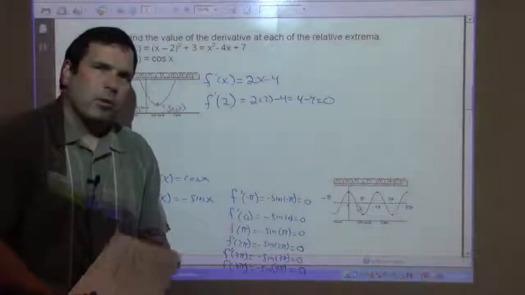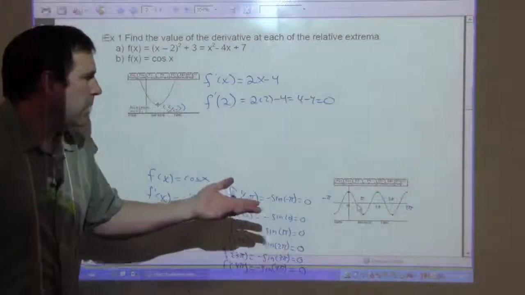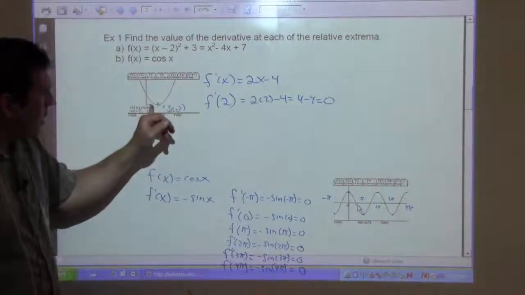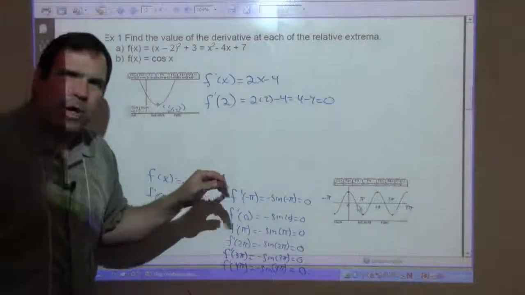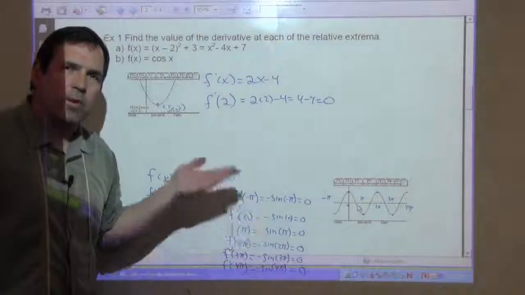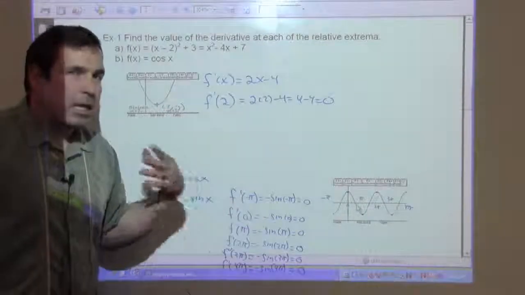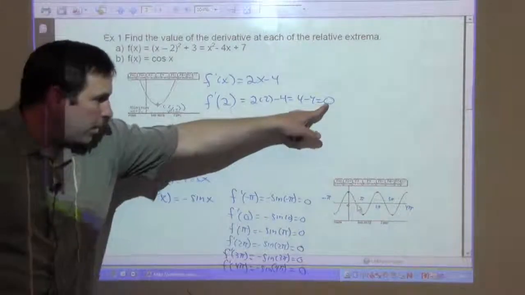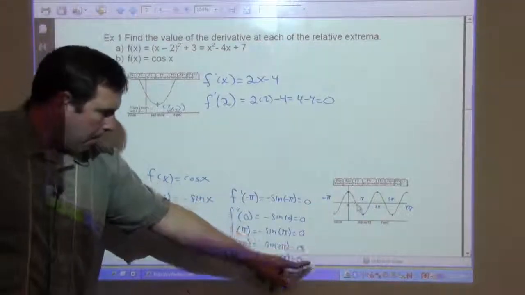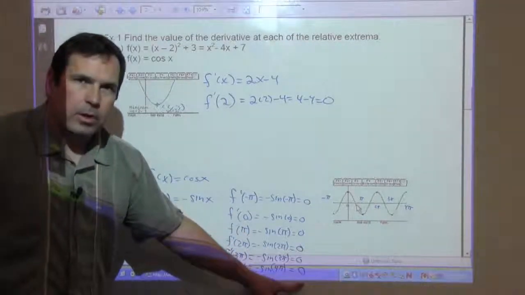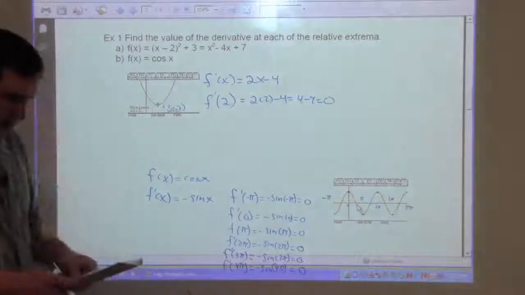So what do we see here? What's the pattern we're seeing? Is that when we have an extreme value, min or max, and the derivative at that extreme value is what? 0. Very good. The derivative is 0 at the extreme values.